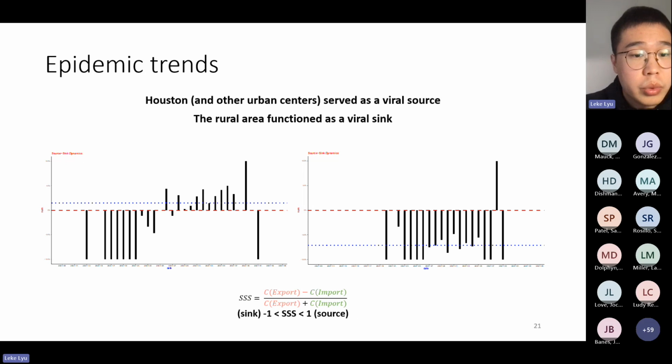In the last part, we compare another metric, the source-sink score. It clearly shows that Houston serves as a viral source and the rural area functions as a viral sink.